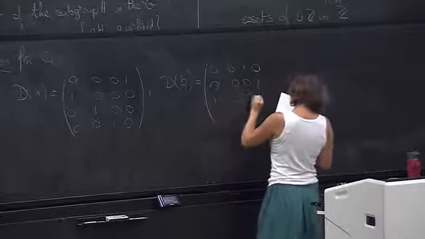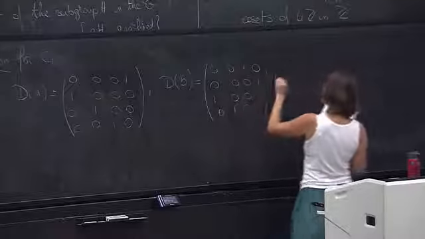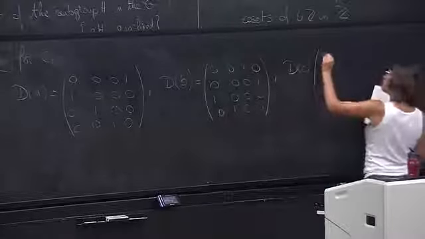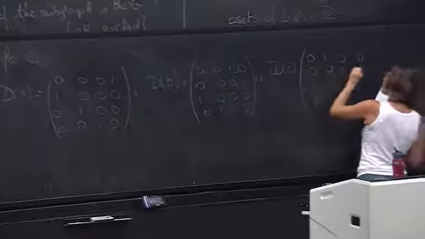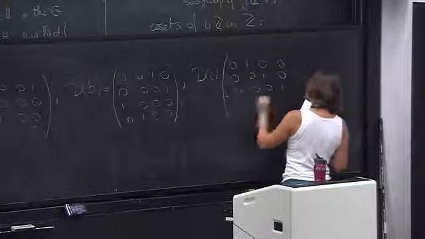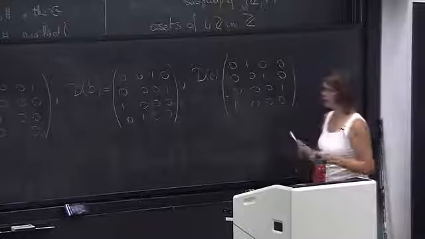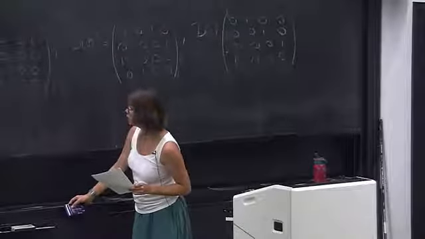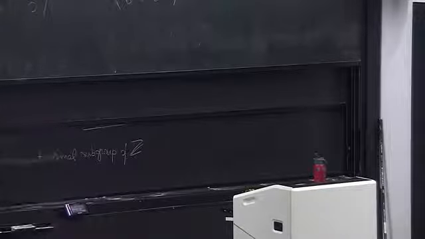Zero, zero, zero. And then the last element. This representation was just another example, built directly from the multiplication table.